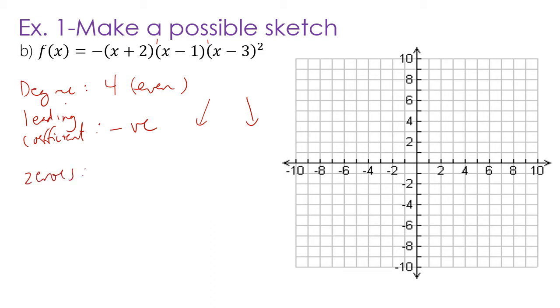My zeros, I have one at -2, 1, and 3. That is a single root. That is also a single root. And 3 is a double root.